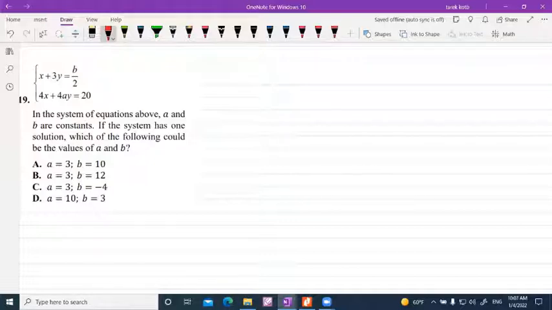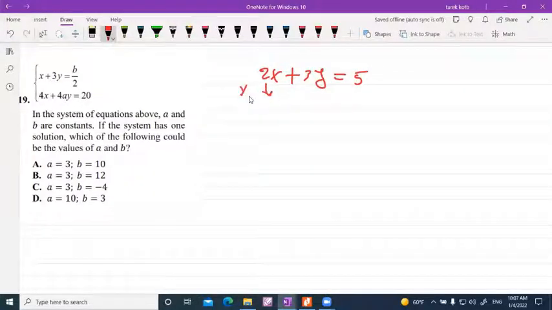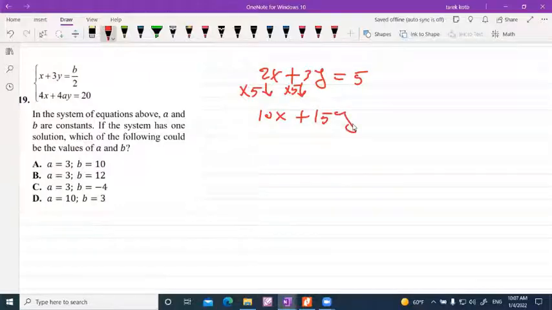One solution means the x and y coefficients are not the same or multiples. A multiple, like what? Like when I say 2x plus 3y equals 5, and if multiplied by 5, it will be 10x plus 15y equals, let's say, 24.